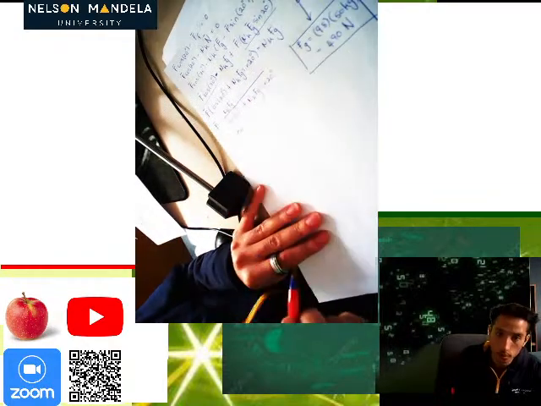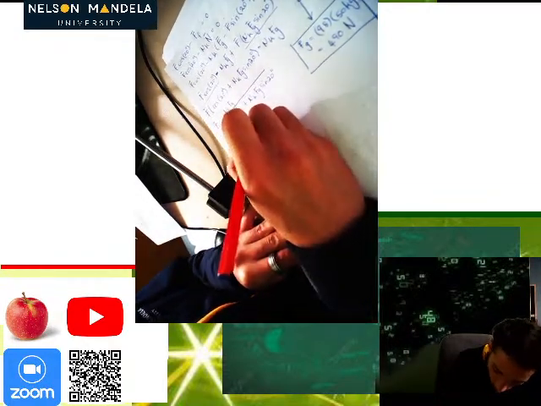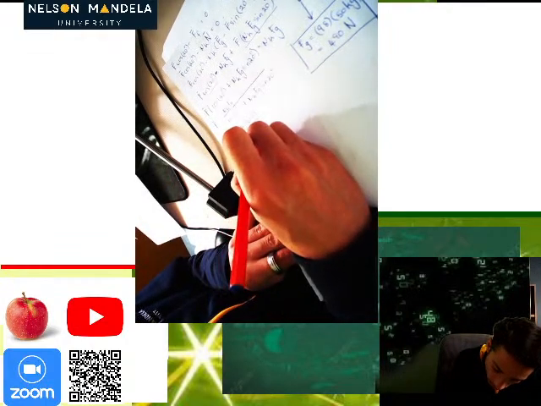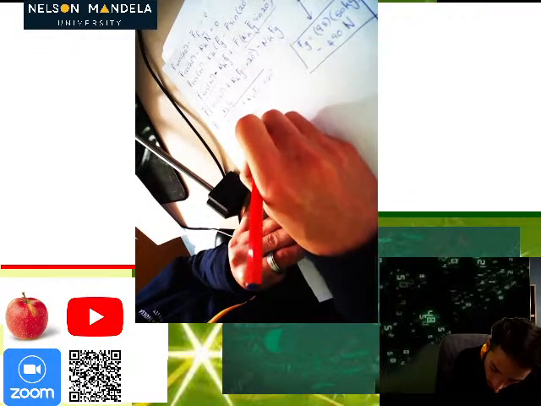So we know our mu k is 0.4, we have 490 newtons for Fg, and our angle is cosine 20 degrees.